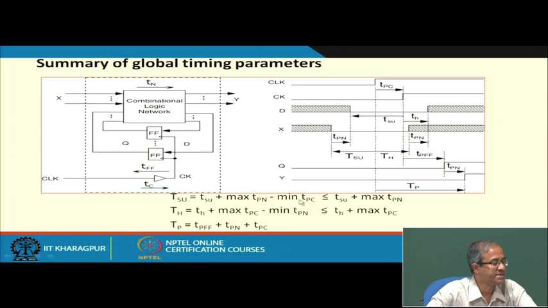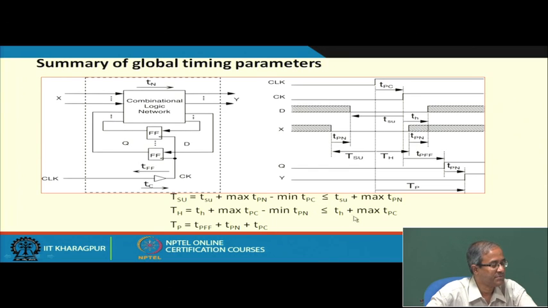This clock network is getting delayed because when the clock is getting delayed you subtract, and hold time also there will be similar calculation, and Tp, the total propagation delay, is the sum of the propagation to the flip flop, the combinational network and the clock.